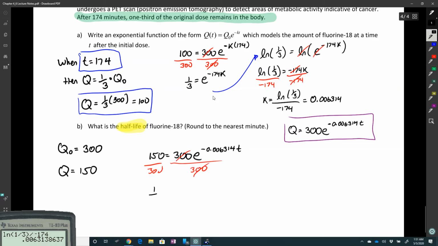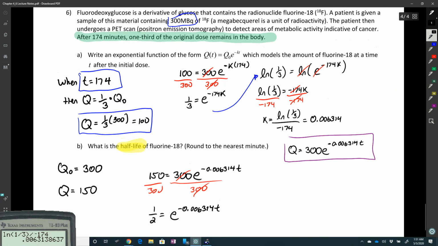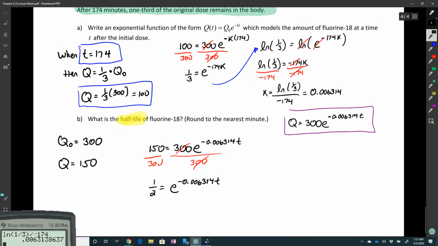Get 1/2. I know if you Google this stuff, you'll find formulas for half-life. Okay? I would prefer that you actually go about solving it by hand. Don't just be like, oh, look, I found a formula, let me use it. I want to see that you actually know how to solve an exponential equation.